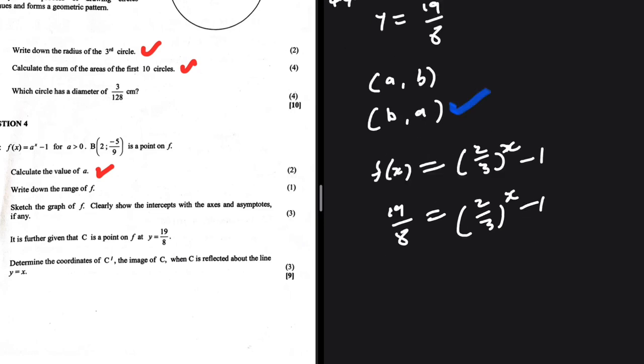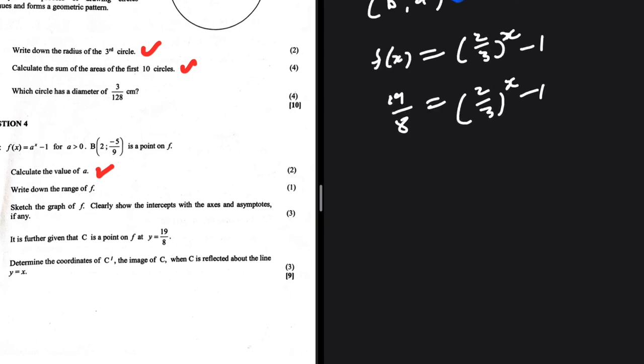So let's take -1 to the other side. 19/8 plus 1 is 27/8. So we have 2/3 to the power x being equal to 27/8. So x is equal to log of 27/8 with a base of 2/3, right?